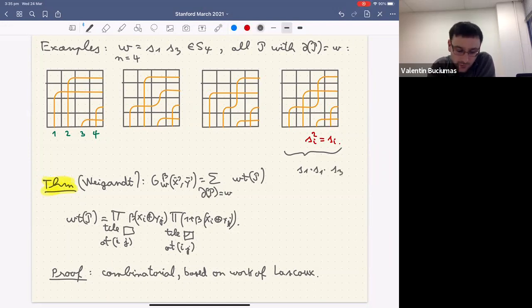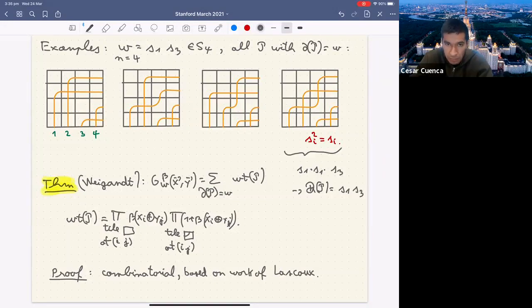And then I use this rule that SI squared is SI. And this gives me key of P equal S1, S3. Okay, thank you. No problem.